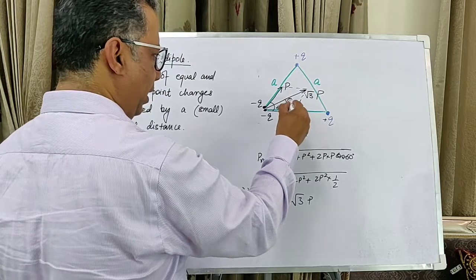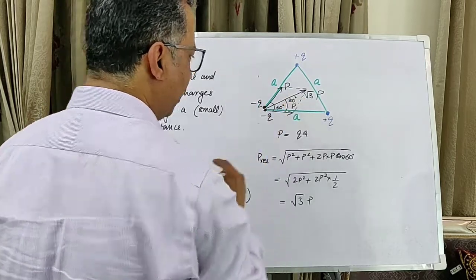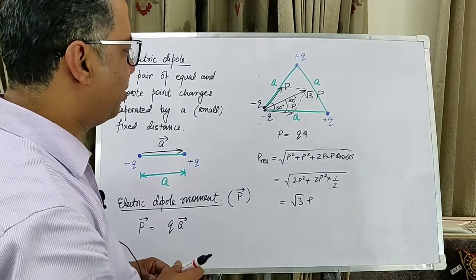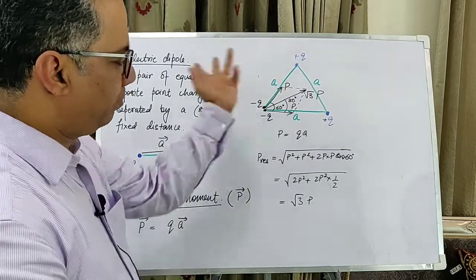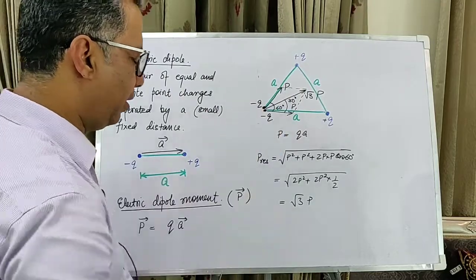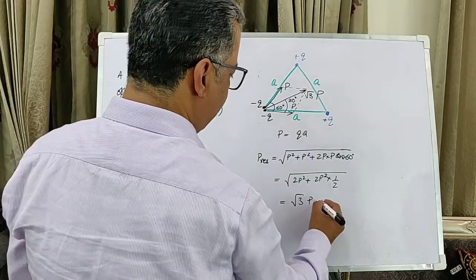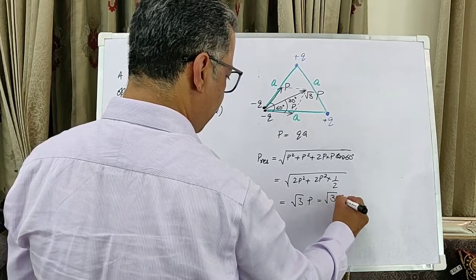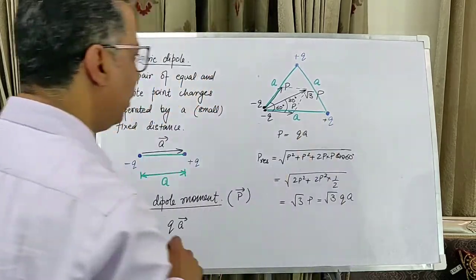This angle will be 30 degrees. Of course, if you are fairly conversant with vector addition, you can confirm this 30 degrees. And so the resultant dipole moment here is root 3 times qa.